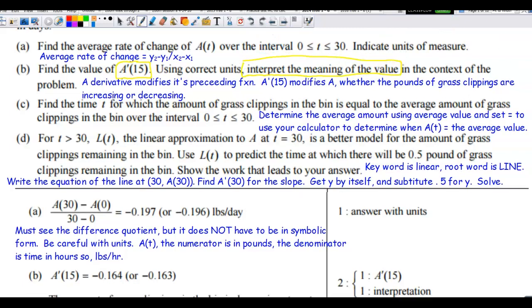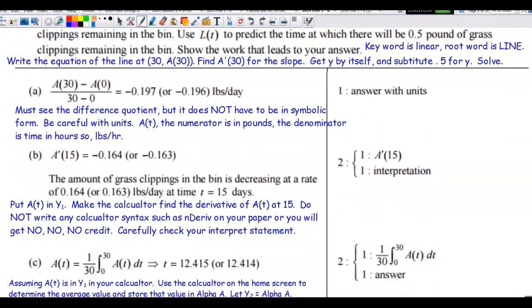As I said before, you would have y1 equal to the function A of t, so you would use your calculator to find the derivative at 15. I think it's important to at least write down what you're doing, and then you can report the value rounded or truncated, so you get 1 point for finding A prime of 15.